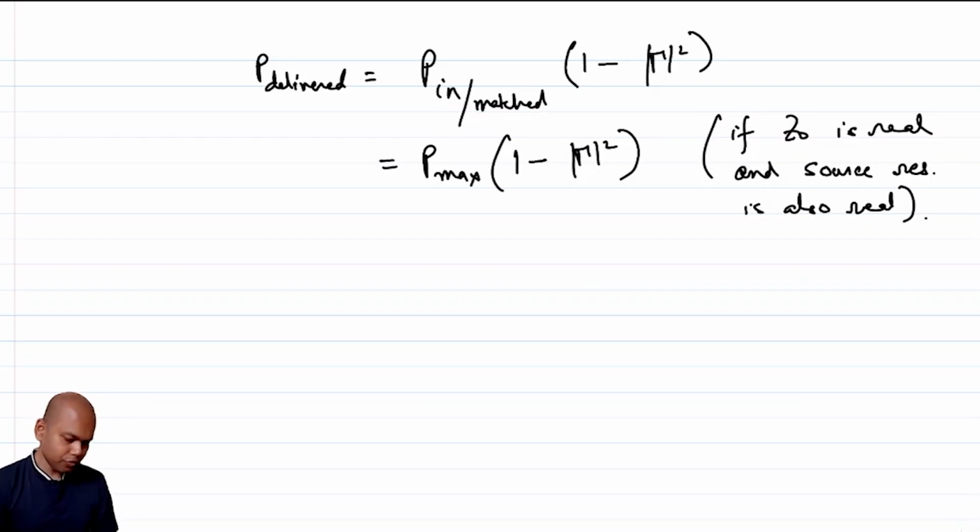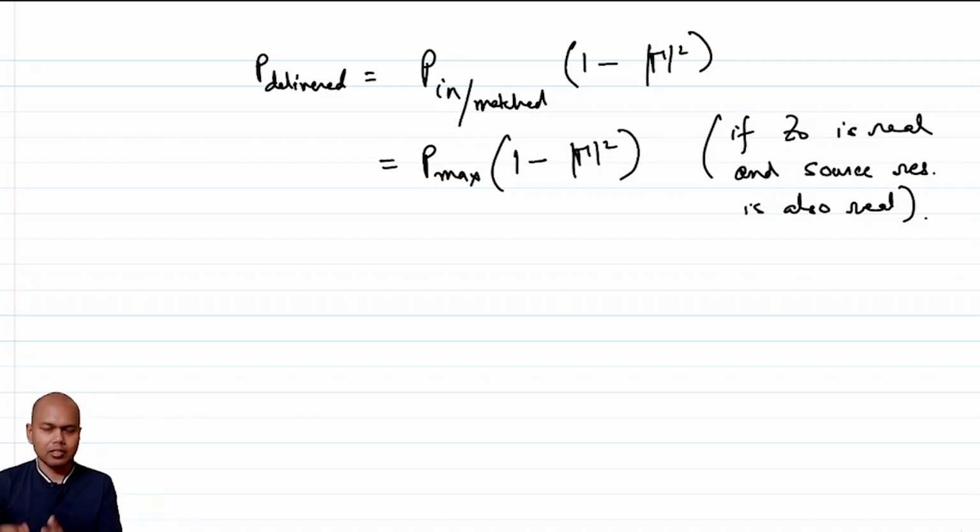So why is this useful? This is useful because we always know what Pmax is, right? You know the source. If you know the source resistance, you know what Pmax is. And gamma can be easily measured, right? Just like you can measure impedances by impedance meters, you can have big boxes which are generally called vector network analyzers or VNAs.